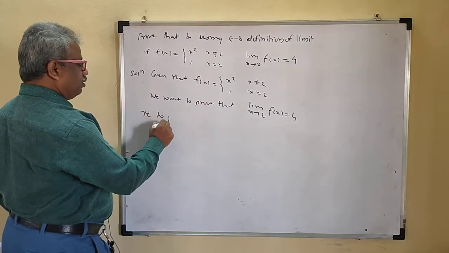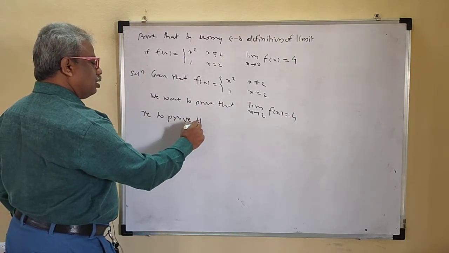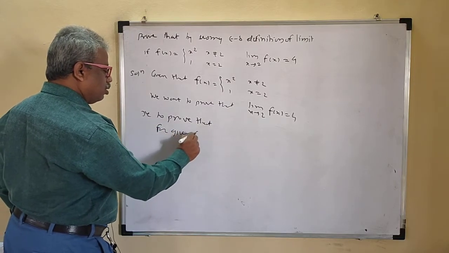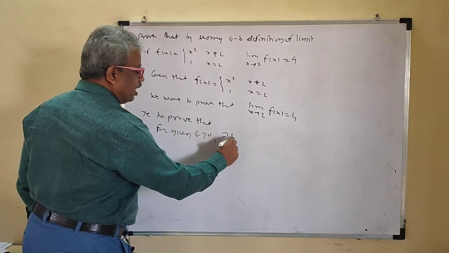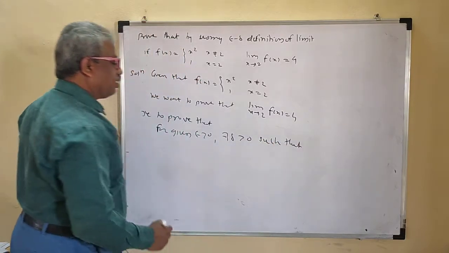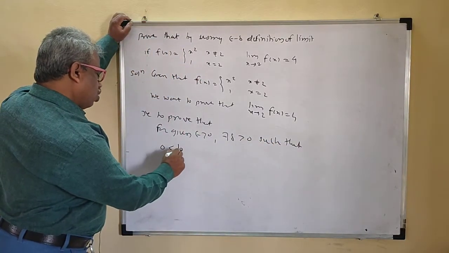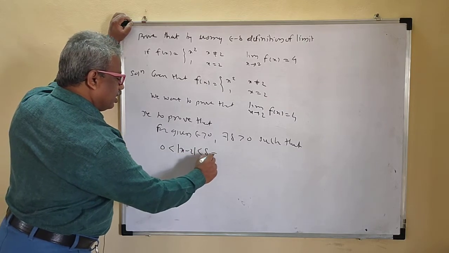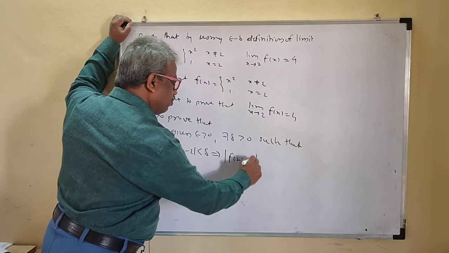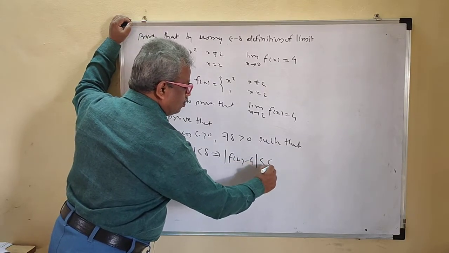That is to prove that for given epsilon greater than 0, there exists delta greater than 0 such that mod of x minus 2 less than delta implies that mod of f of x minus 4 less than epsilon.